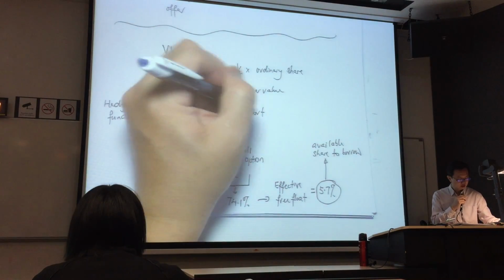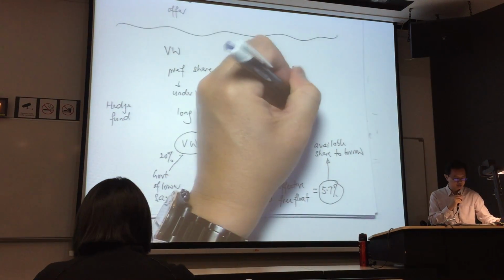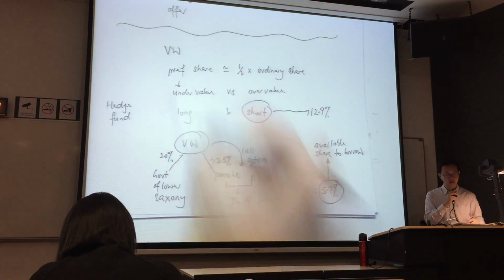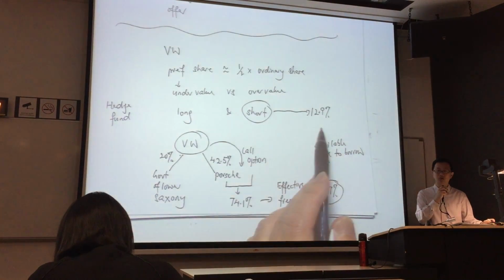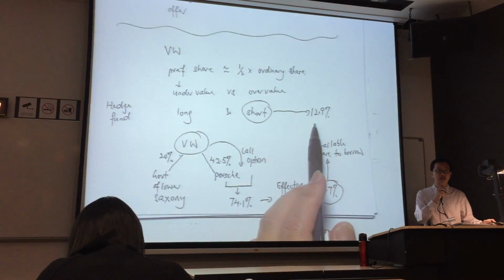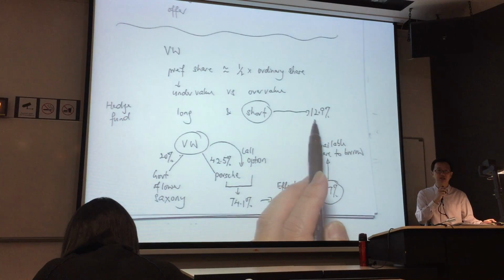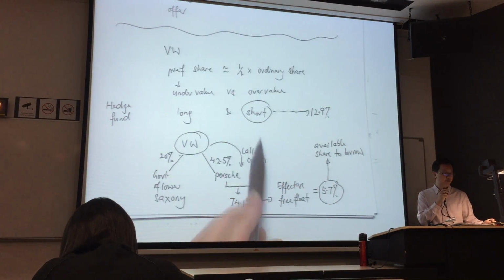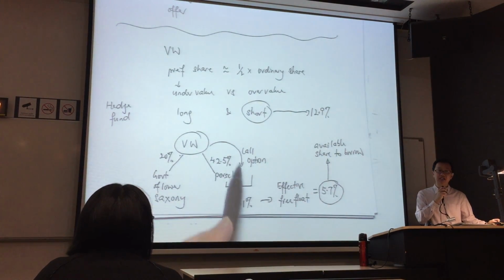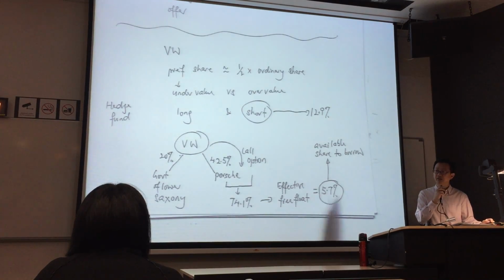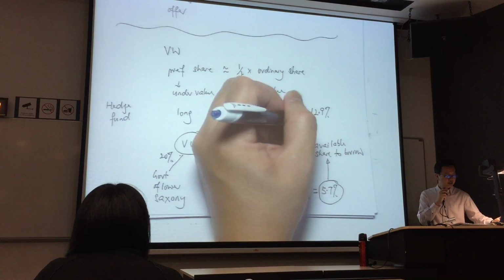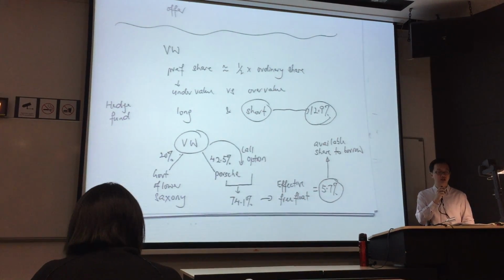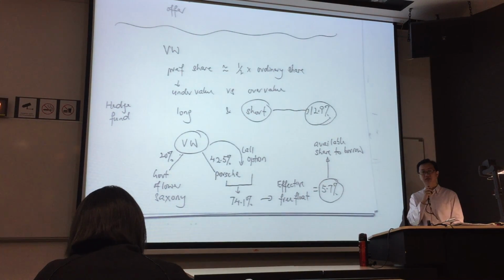So the short position is about 12.9%. So they will need to borrow about 12.9% of Volkswagen shareholdings in order to cover their short. But if Porsche exercises the call option, the available shares in the market will be just 5.7%. So comparing this to this, you know that the hedge funds will be in trouble, right?